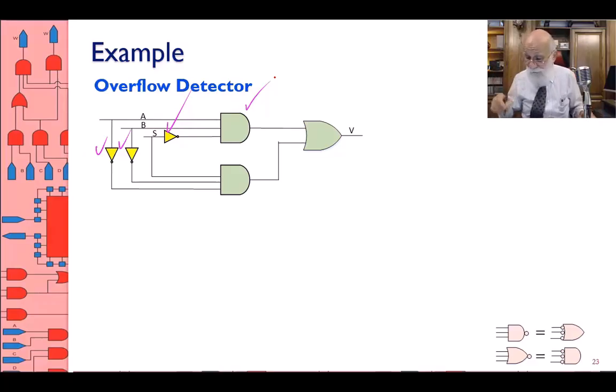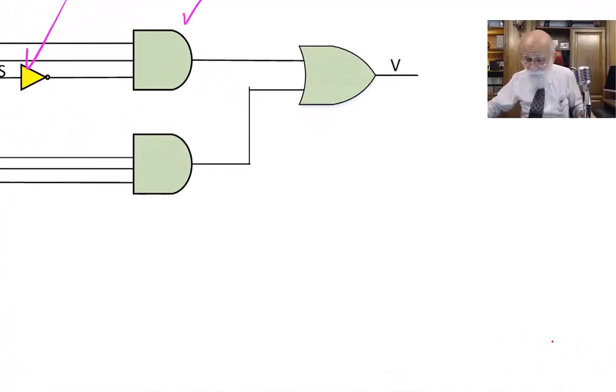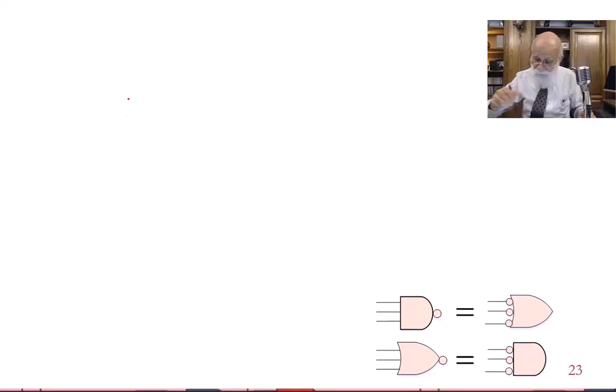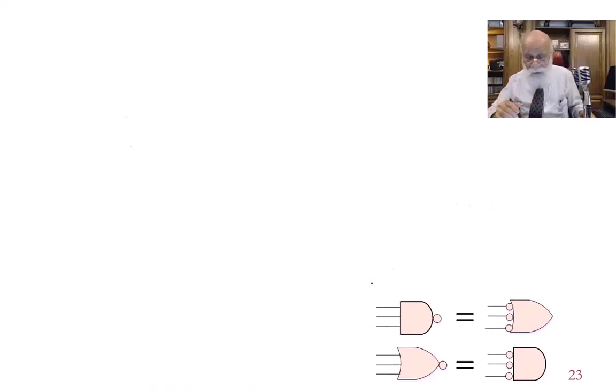Let's look down below at what I've shown you here. When I showed you the NAND gate, I also said the symbol of the NAND gate can be either an AND with a bubble or an OR with bubbled inputs.